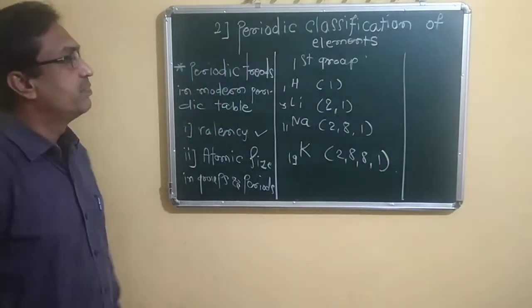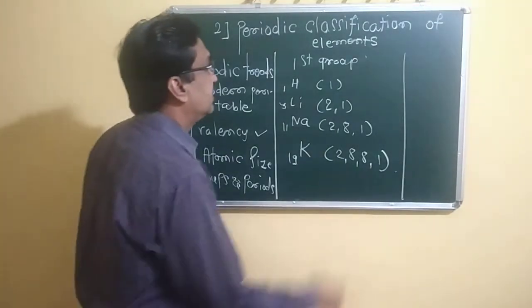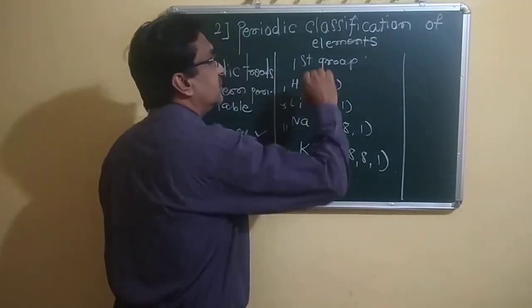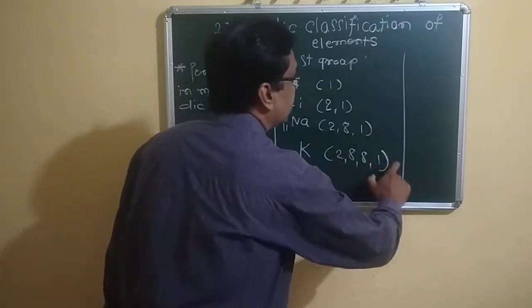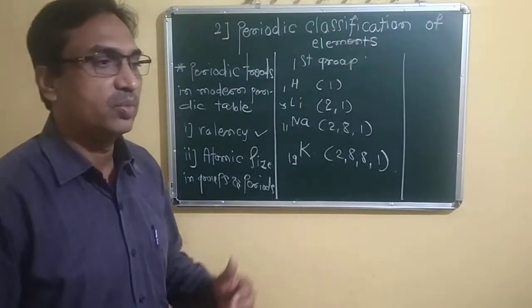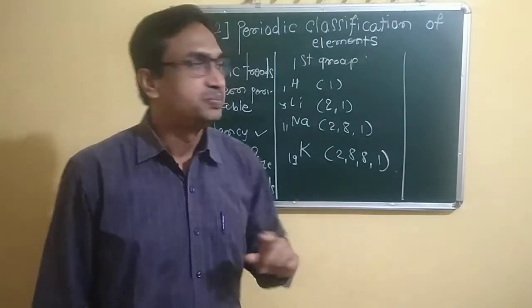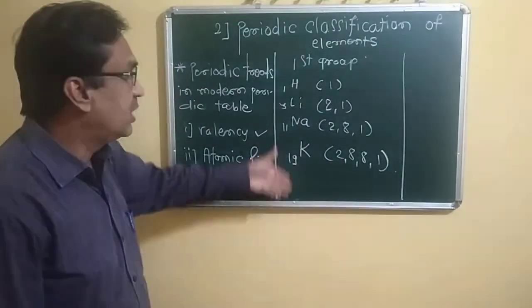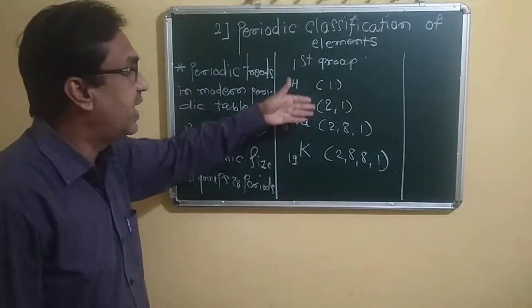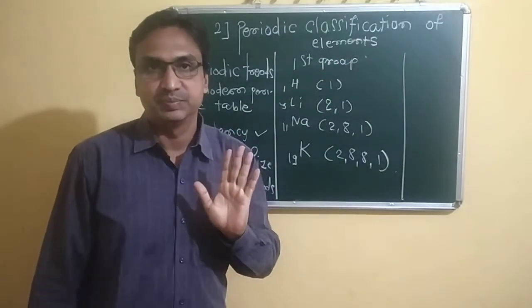In the first group the number of valence electrons in the outermost orbit is 1, so those elements in the first group have valency +1.